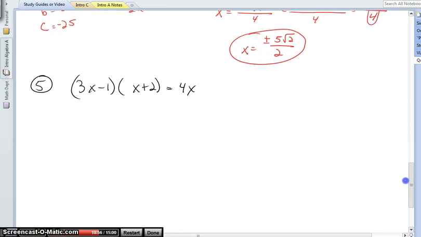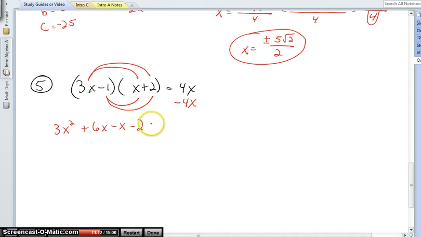Alright, in this case, I need to still get it equal to 0. So I'm going to distribute, and I'm going to subtract the 4x. So I've got 3x squared plus 6x minus 2. I'm also going to subtract the 4x, get it equal to 0.